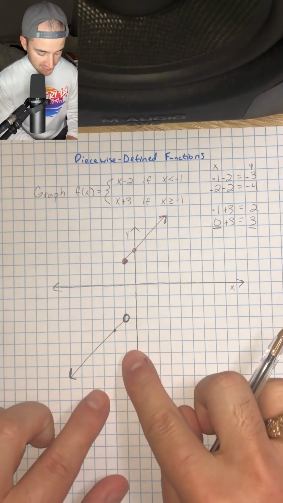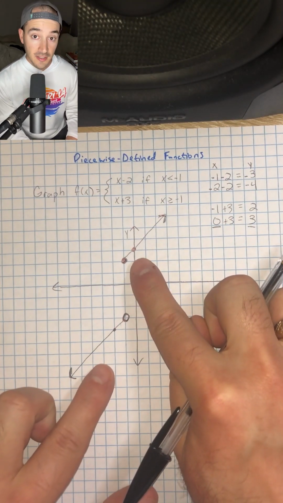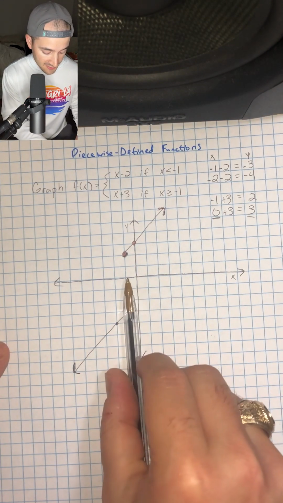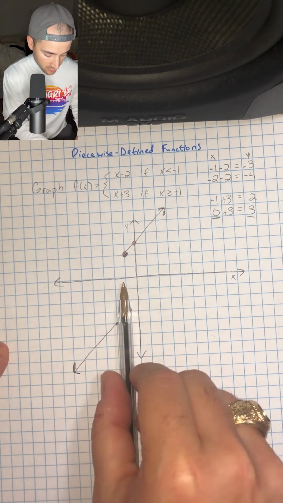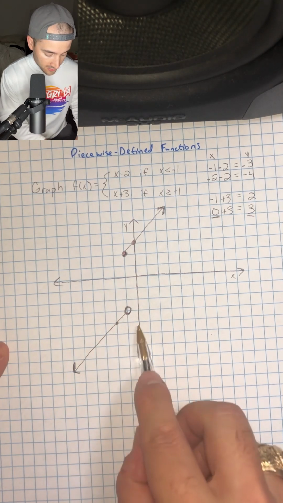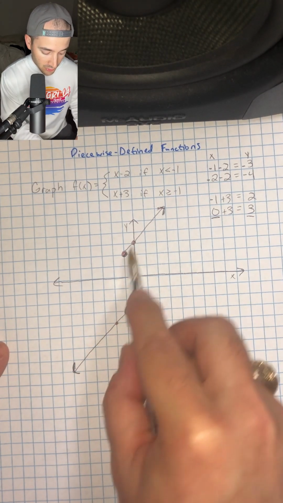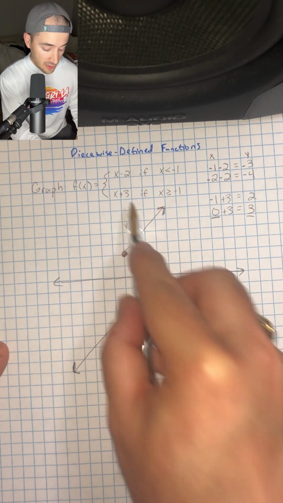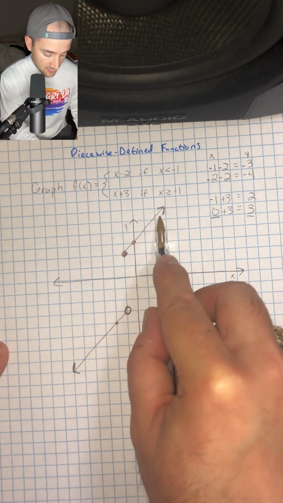And so this is what our piecewise function is going to look like, okay? When x is less than negative 1, it's going to look like this part over here, okay? And then it kind of jumps up whenever x is greater than or equal to negative 1 because now we're using x plus 3, okay? And then it continues that way.